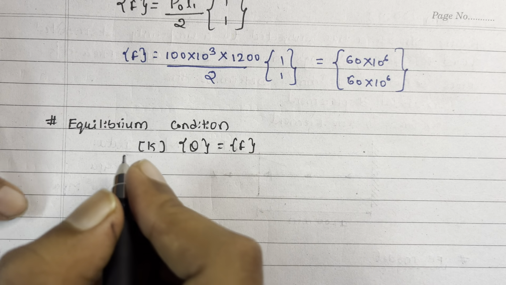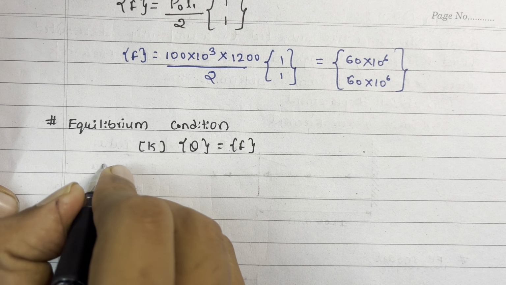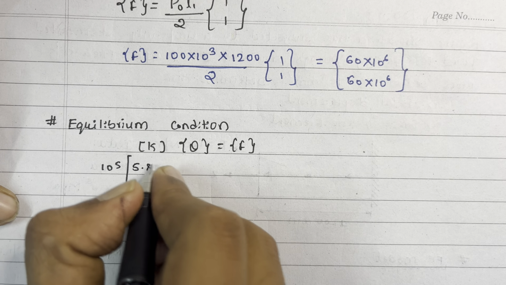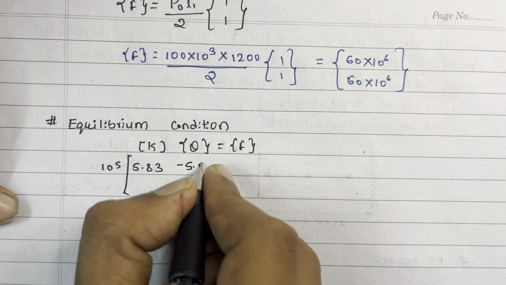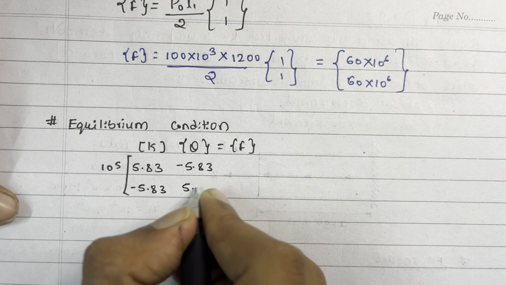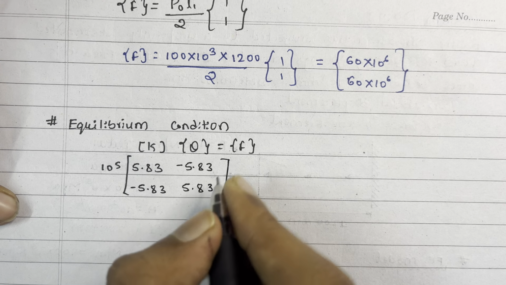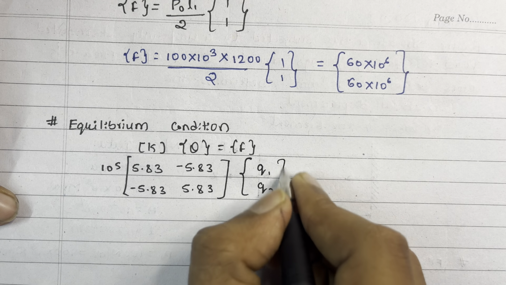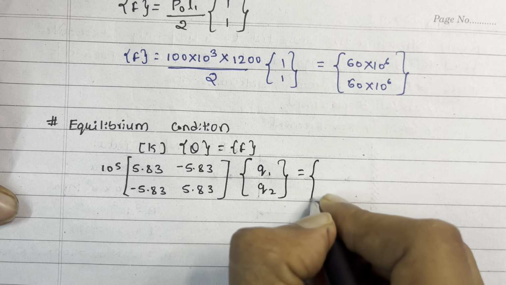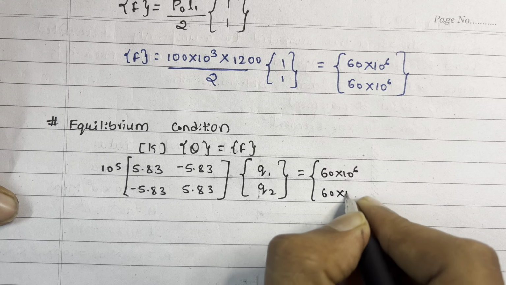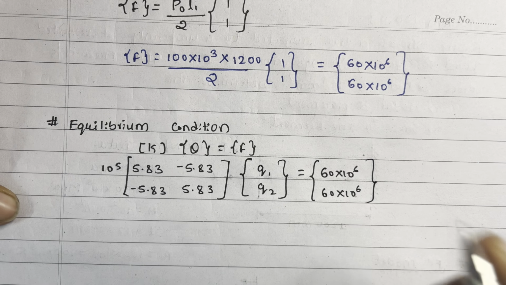As we have K value 10 raised to 5 times 5.83 minus 5.83, minus 5.83 5.83, and Q1 Q2, equal to 60 into 10 raised to 6, 60 into 10 raised to 6.